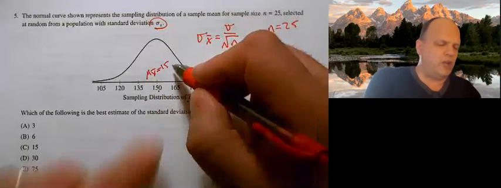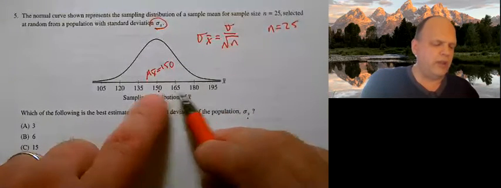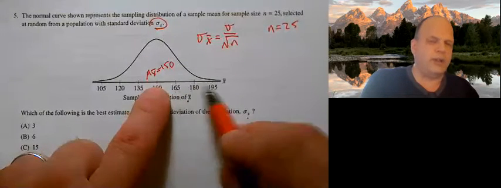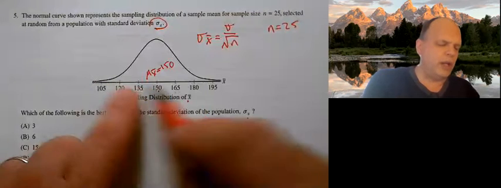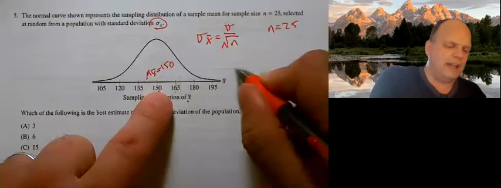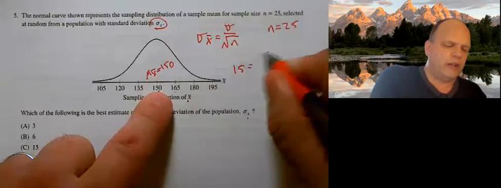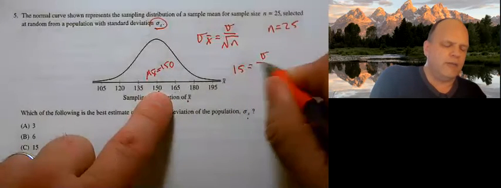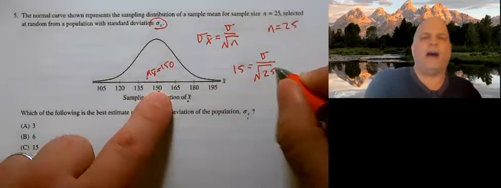And our standard deviation, well, if I look at these, we have 1, 2, 3 this way, 1, 2, 3 this way. So the standard deviation of x bar is 15. So 15 equals the standard deviation of the population divided by the square root of our sample size, 25.